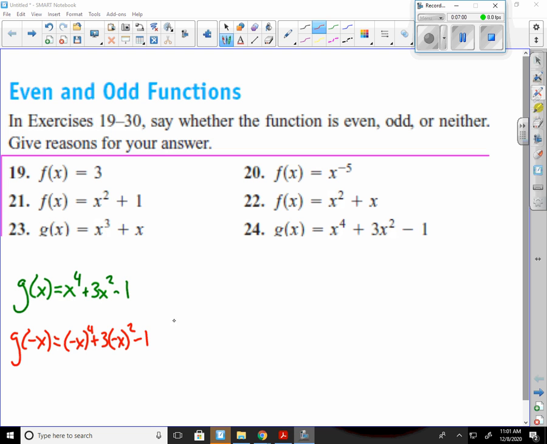Okay, so what's negative x to the fourth? What's that become? Just x to the fourth. What about negative x squared? Good, it turns into plus 3x squared.